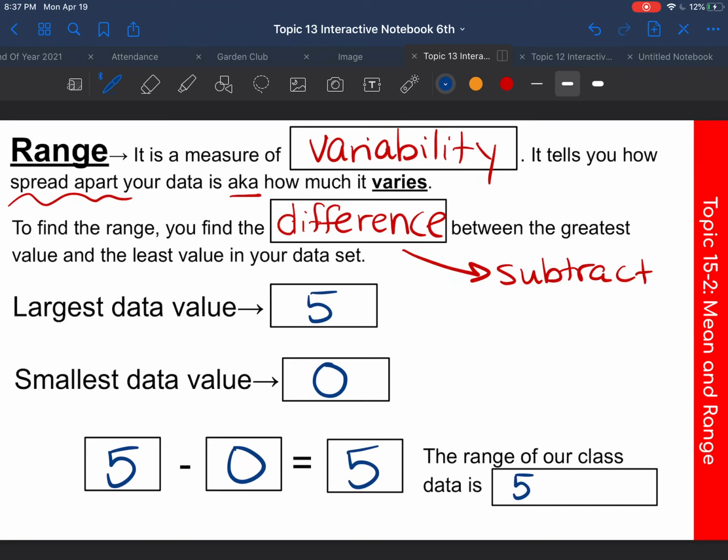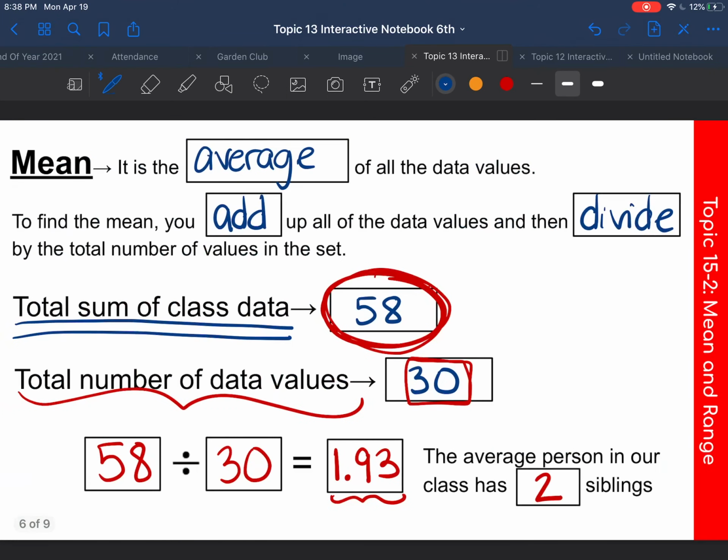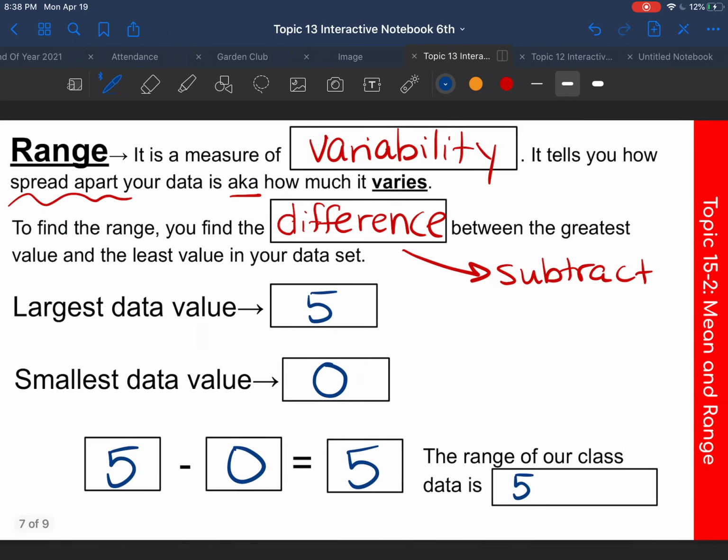All right, so what you are going to do after you finish this video lesson is find the mean of your data, add up all the data values and divide by how many there are, and then find the range of your data, how spread apart your data is, which is basically taking the largest data value and subtracting the smallest data value.